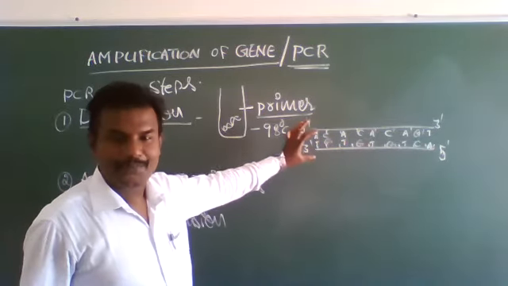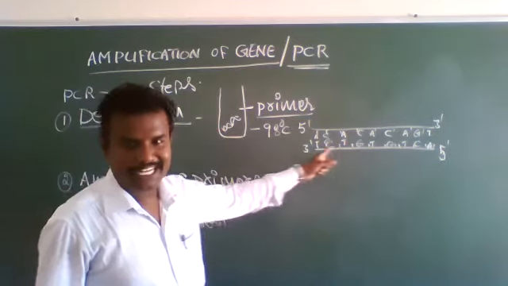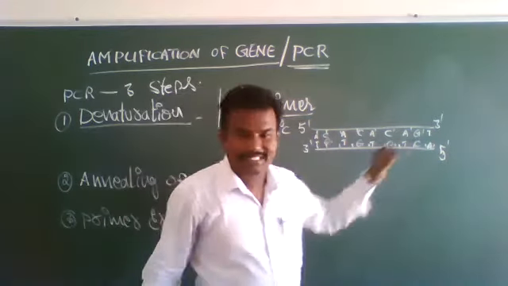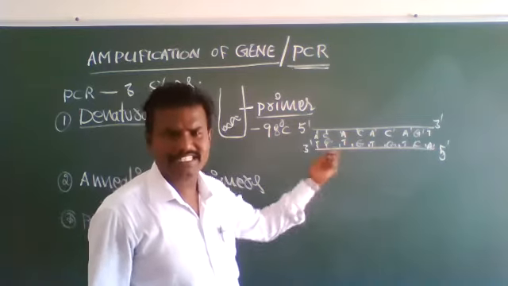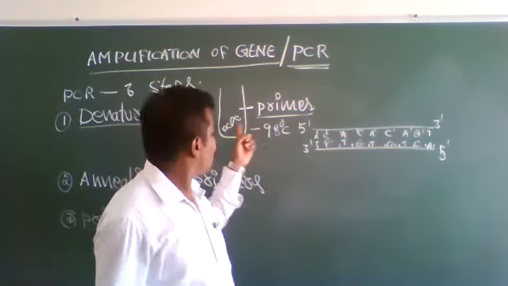This is called double-stranded DNA, double helical DNA with two chains.